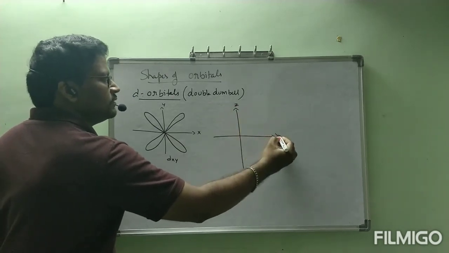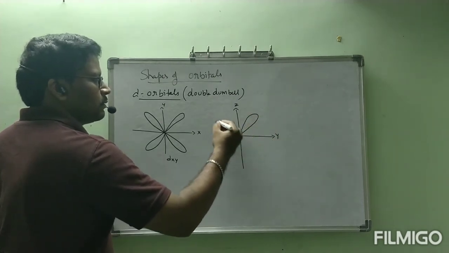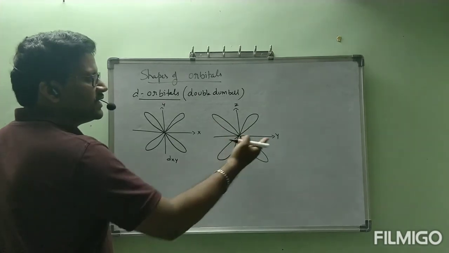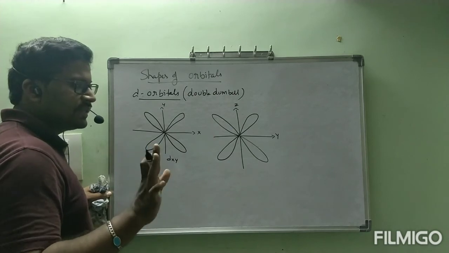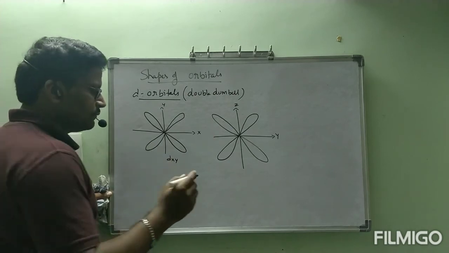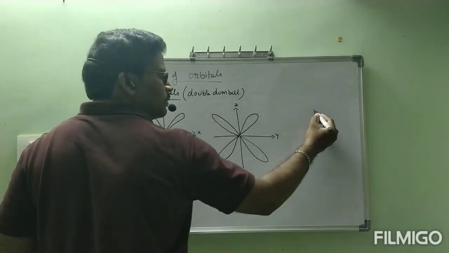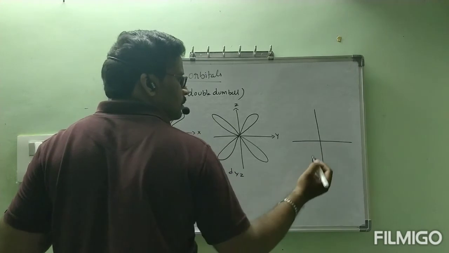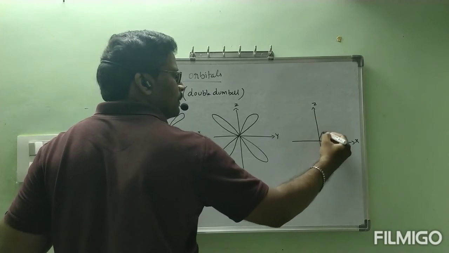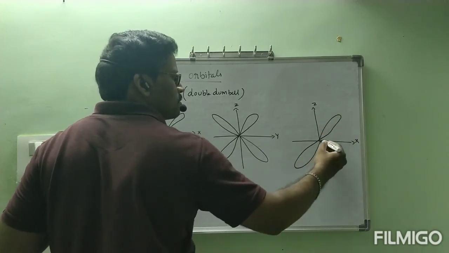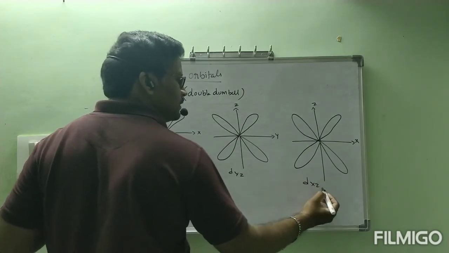This is Z, this is Y. If it is Y and Z, X will be like this. That is total reference only, no problem. The three axes must be perpendicular to each other. Okay? dyz. And next one. This is X, this is Z. This is dxz.